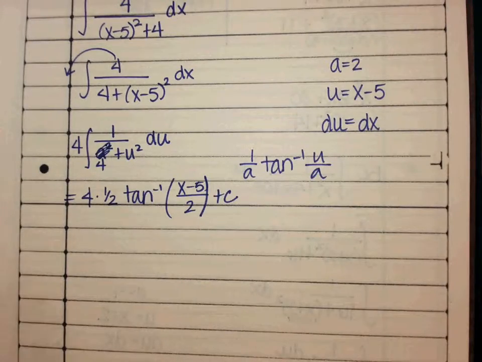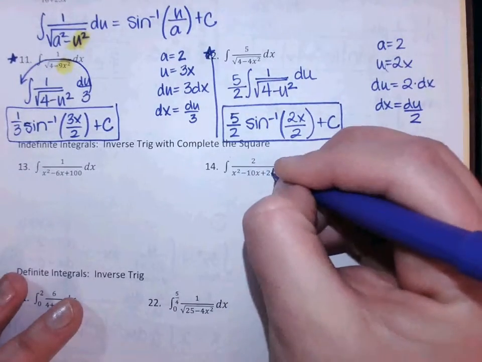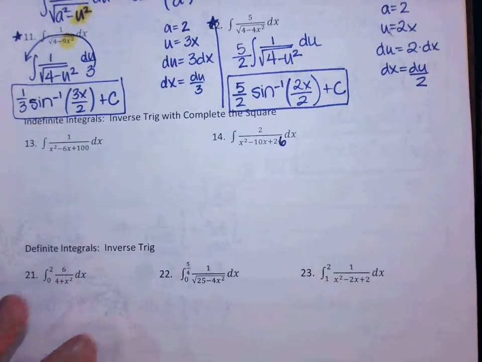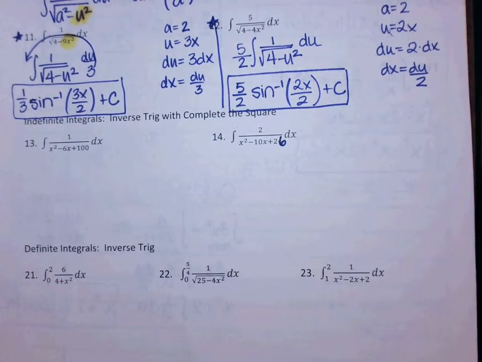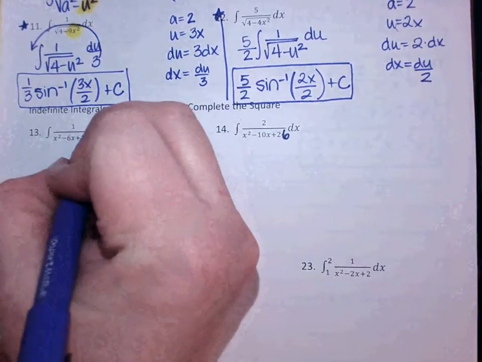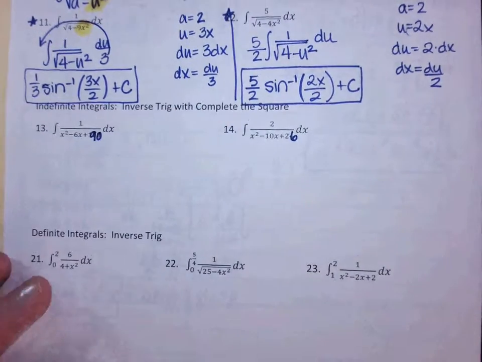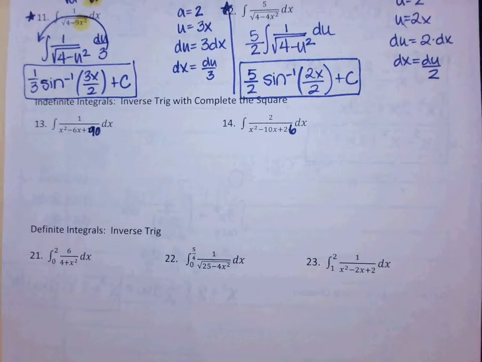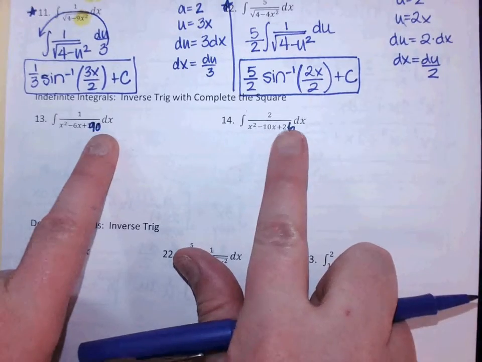Oh wait, change that 24 to a 26 or it won't work. Oh, and then we have to change the 100 on this one to a 90. Sorry, I forgot to tell you all that. So change both of those, 90 and 26.